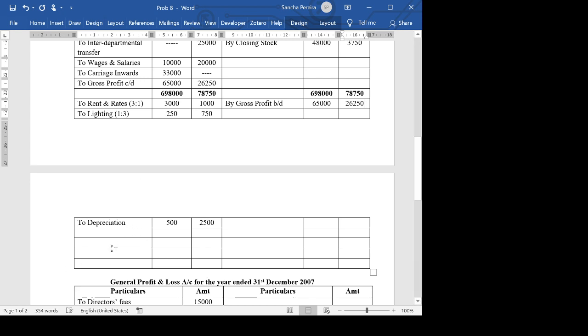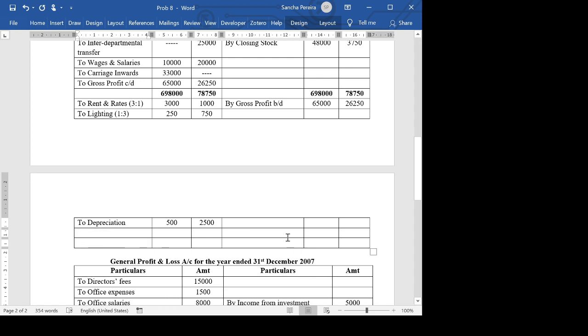Now I go to calculate the net profit. The total again, you see, the credit is heavier than the debit. So 65,000 and 26,250.